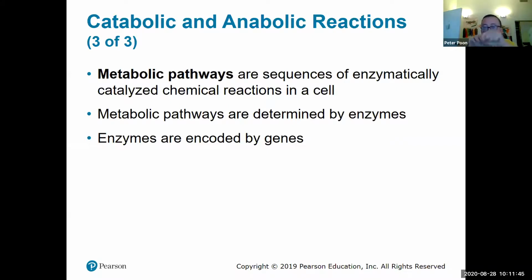You go from B to C, controlled by another enzyme, and that enzyme is controlled by another gene. C to D, another enzyme, another gene, all the way to the very end. Yes, it's even trickier than that because they branch, but we like to think of metabolic pathways as a series of steps.